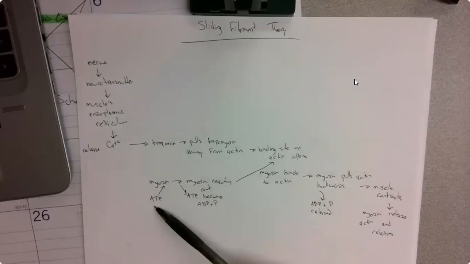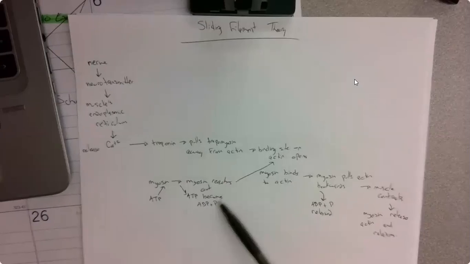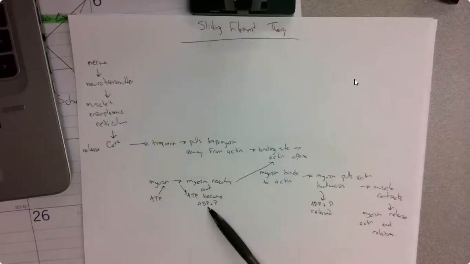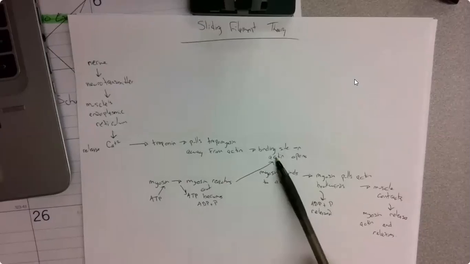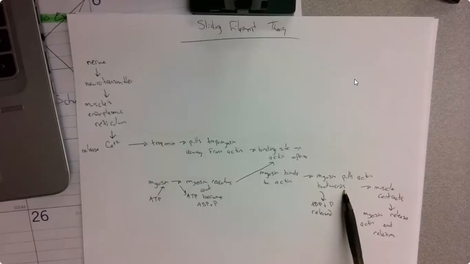Meanwhile, ATP binds to myosin, which causes the myosin to reach out and the ATP to break apart into ADP and phosphate. When that myosin reaches out, it then goes and binds onto that open binding site on the actin, and then the myosin pulls the actin backwards.